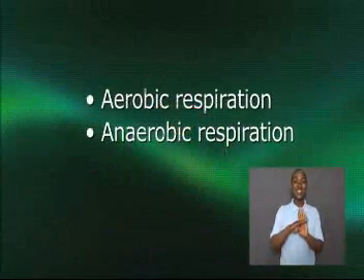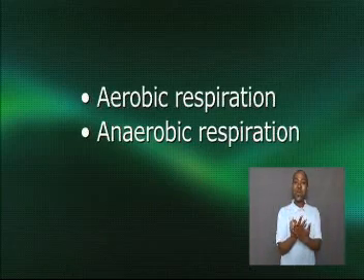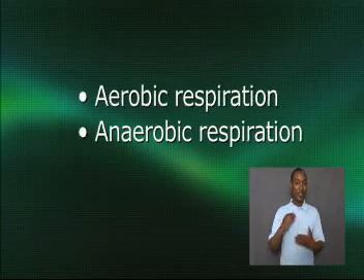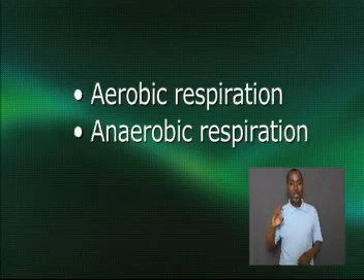Sugar, amino acids, and fatty acids are nutrients that are commonly used by both plant and animal cells in respiration. Oxygen is used as an oxidizing agent. There are two forms of respiration that we will learn about: aerobic respiration and anaerobic respiration.